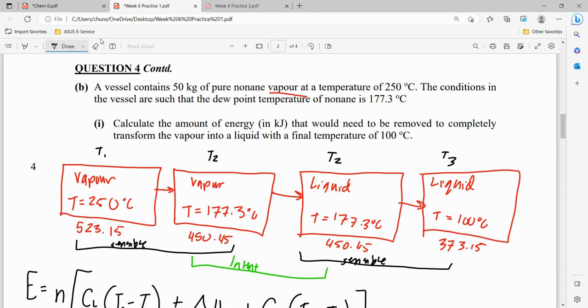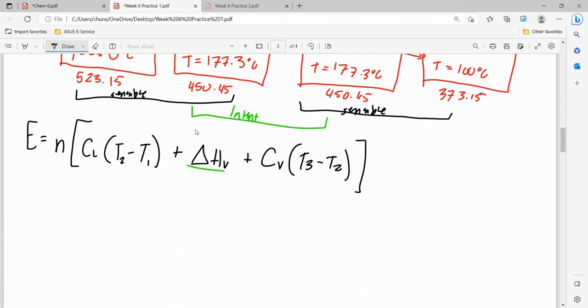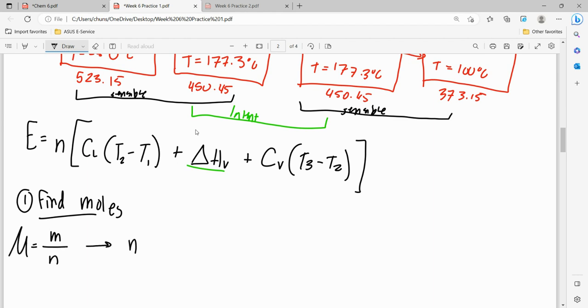Okay, so we have 50 kilograms of pure nonane. So let's find our moles. I believe we're given our molar mass. Our molar mass is equal to mass over moles, so we can get our moles equal to mass over molar mass.